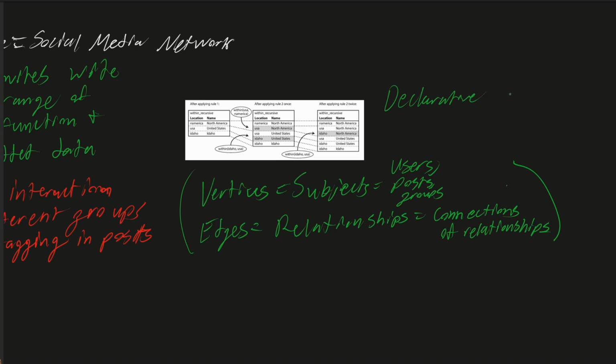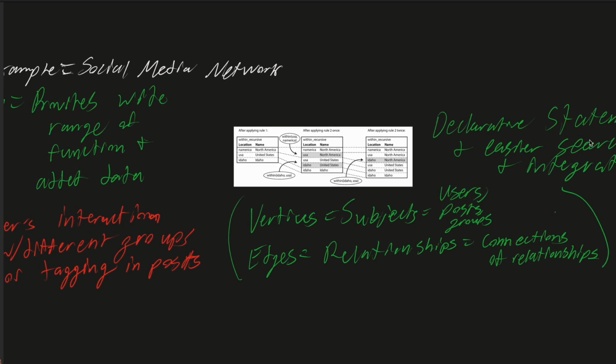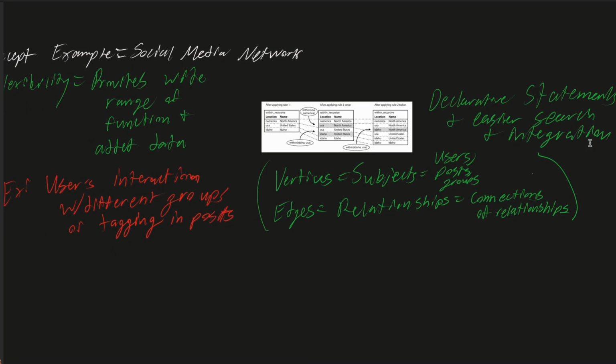Declarative statements make for easier search and integration. A graph database can handle this through simple queries and traverse the network, irrespective of whether the connections started in a given state or time.